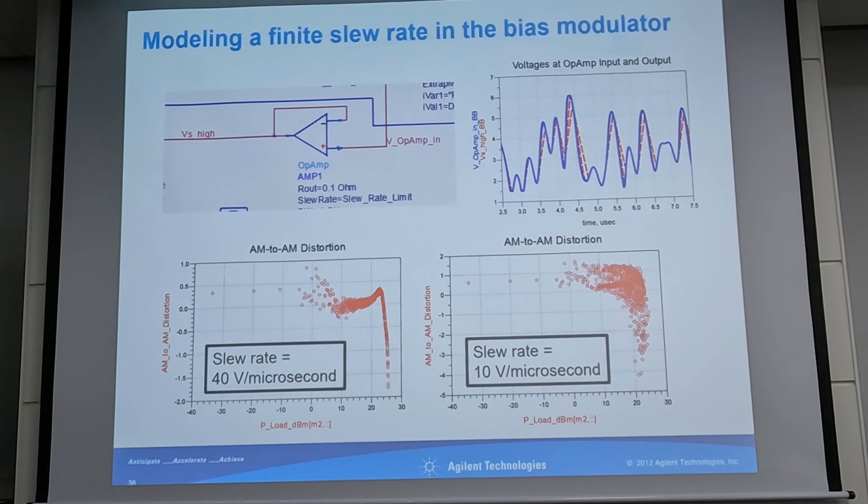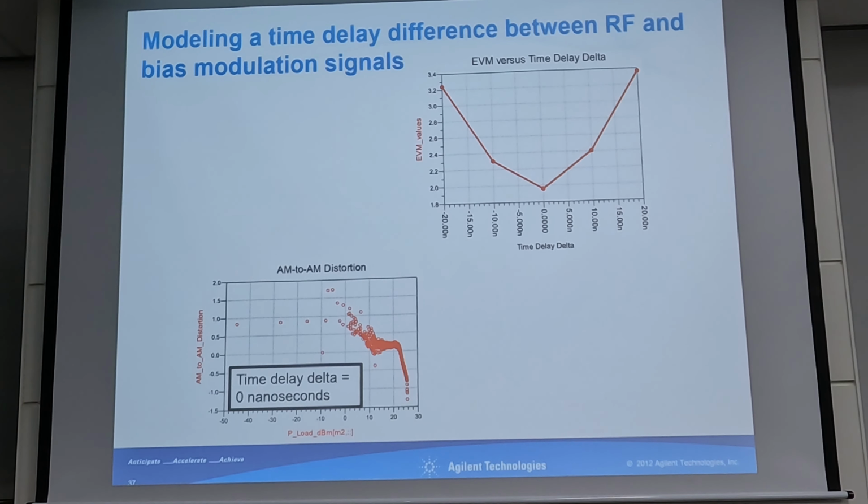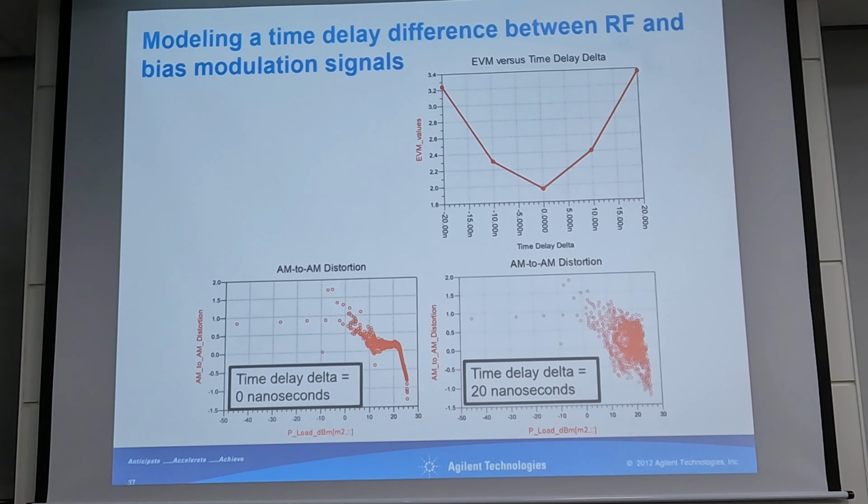So you might get a result like that. You get this certainly distorted AM to AM curve. You can have a time delay difference between the RF and the bias modulation, and that will introduce significant distortion.